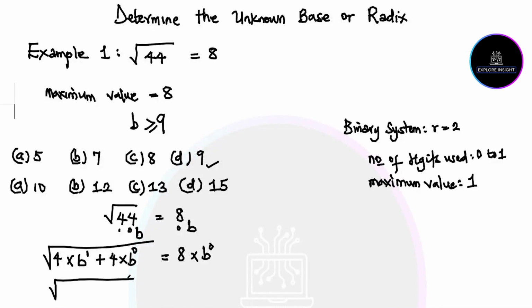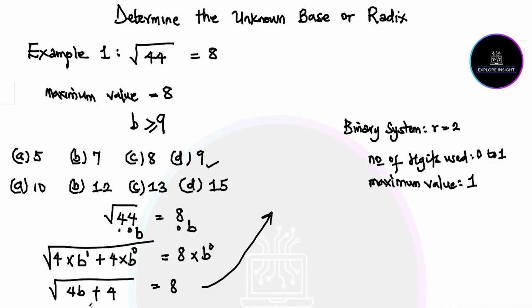Going further, B raised to power 1 is B, so we have 4B. Then B raised to power 0 is 1, so 4 times 1 is 4. And on the right, B raised to power 0 is 1, and 8 times 1 is 8.